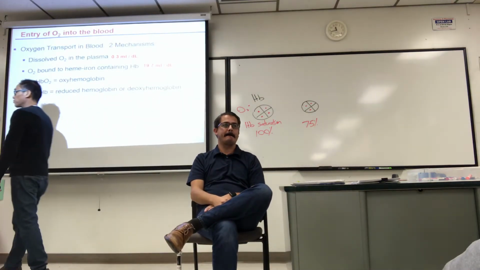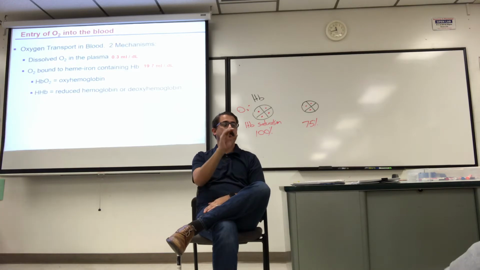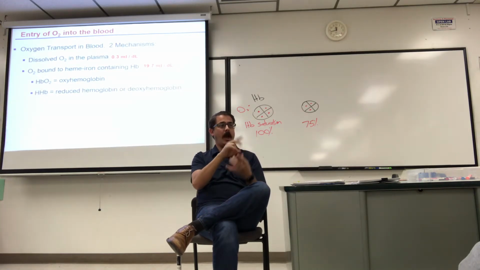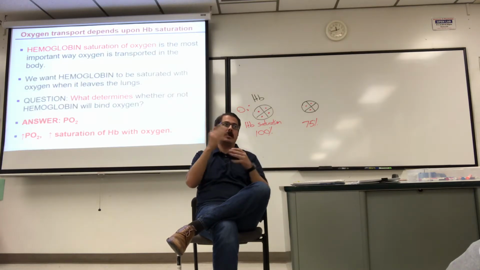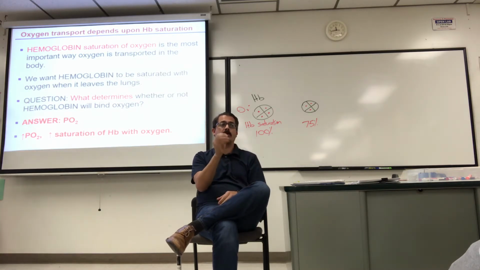So, oxygen transport, two mechanisms: dissolved, bound to hemoglobin. Obviously, the bound to hemoglobin part is more important because that's most of the oxygen in our blood. But that little small dissolved amount, super important. Hemoglobin saturation is the most important way oxygen is transported. We want hemoglobin to be saturated when it leaves the lung. But what determines that?